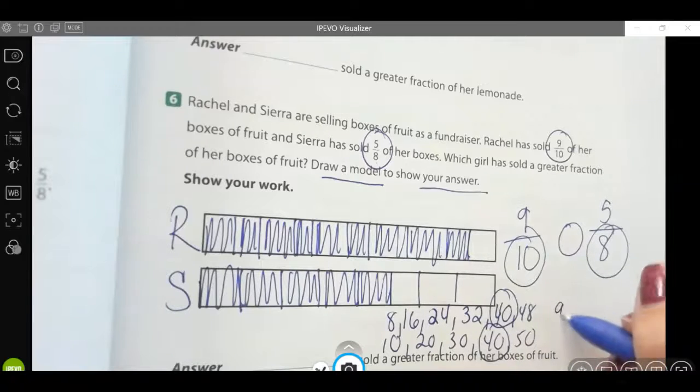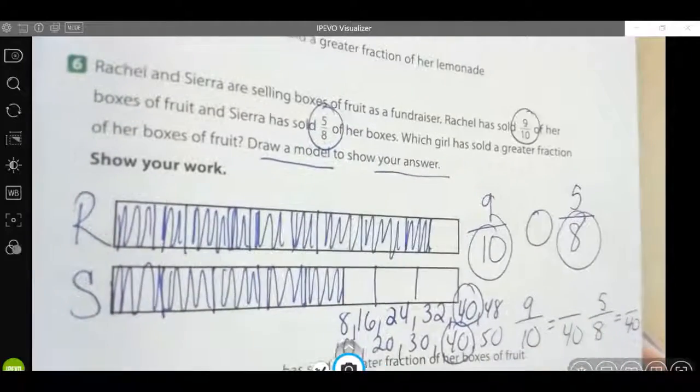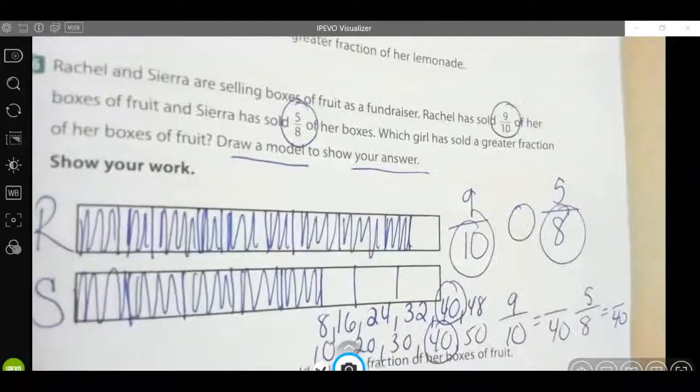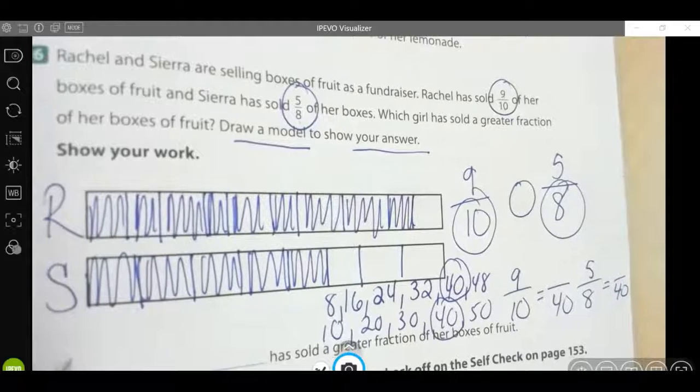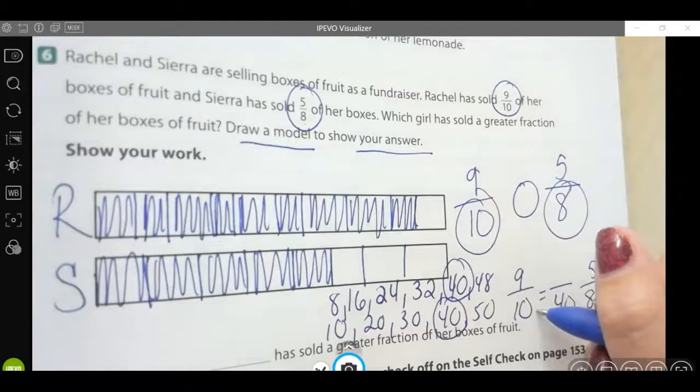So now we need to change each of those to have a common denominator of 40. So 9/10 has a common denominator of 40, and 5/8 has a common denominator of 40. Find your missing numerators. Bridger, how do we go from 10 to 40?